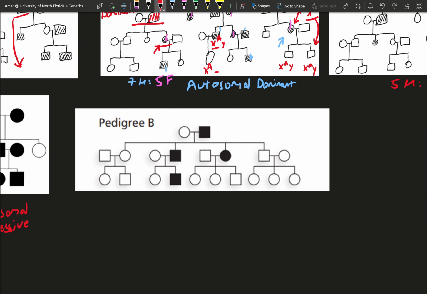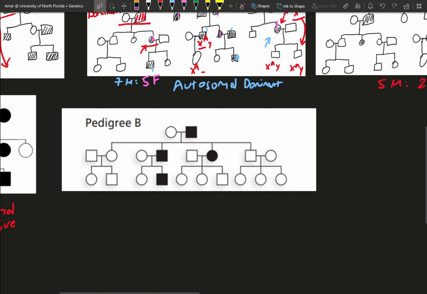Next, same thing for this one. You have 3 males to 1 female. It's not Y linkage, right? Because we have an affected female. So now you need to figure out if this trait is due to X linkage.